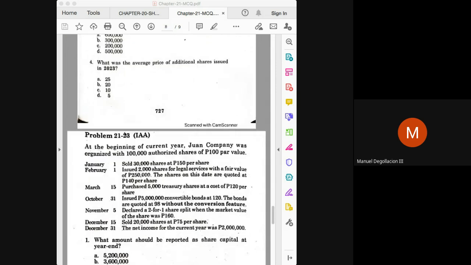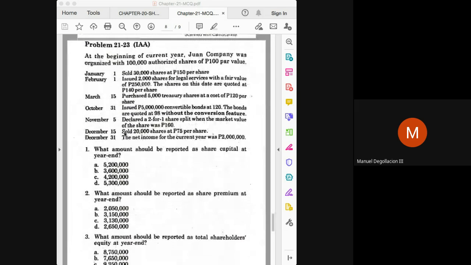Okay, we have 21-23. Questions are what amount should be reported as share capital, share premium, and total shareholders equity. At the start of the year, the first year of the operations, we have authorized shares of 100,000 at 100 per share.